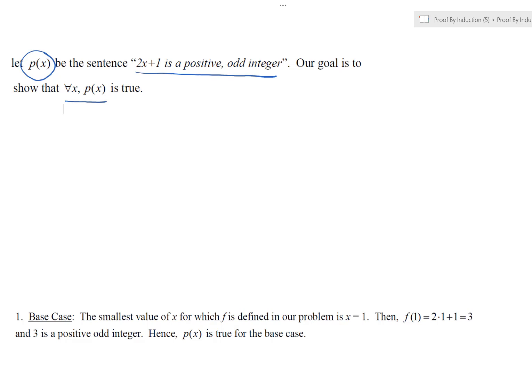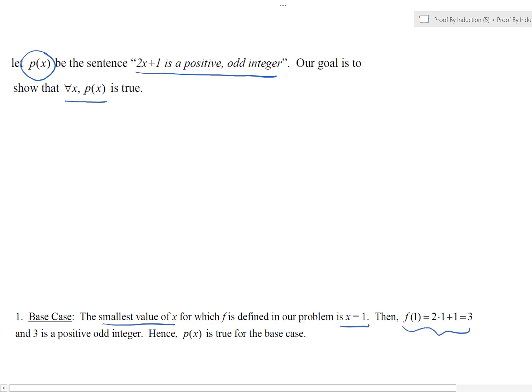So now we do the base case, step 1. The smallest value of X in this situation is X is 1, since we are assuming that X only takes on positive integer values. Then the base case is to plug in that value of x as 1 into our statement and show that it's true. So that's what is shown right here.